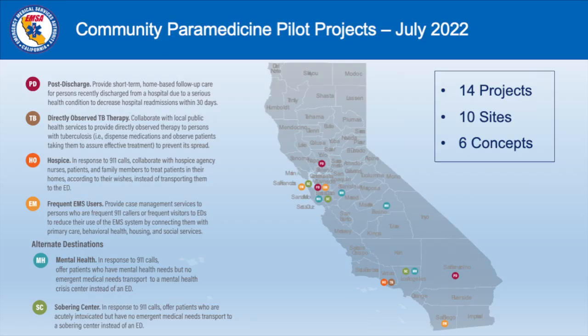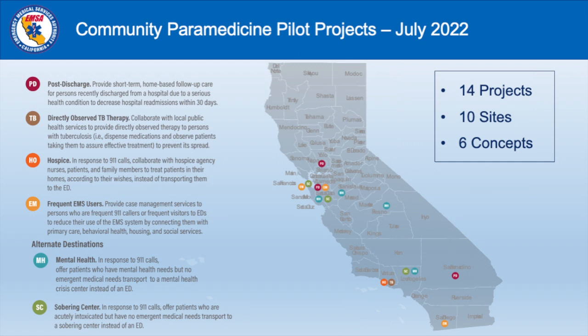So, as I mentioned, these were community paramedicine pilot projects, still are, because we're pending regulations. We have 14 projects. There are 10 sites, and they're spread throughout mostly the Central California, Southern California, with some up in the northern rural areas.